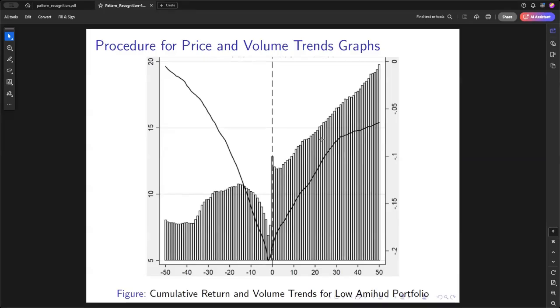What is month 0? Month 0 is when the stock is selected into the high amplitude portfolio, because when we define the amplitude premium, it is the difference between the return of high AMP portfolio and low AMP portfolio. So when it's selected into that portfolio, I can check its price and volume before and after that.